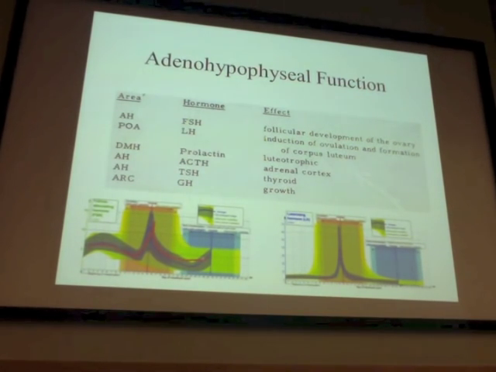And so again, follicle stimulating hormone is very important for the development of the egg, and then luteinizing hormone is released in a very big pulse at ovulation, and this actually causes ovulation and then the luteinization of the remaining structures. So these have to all happen in very close timing.